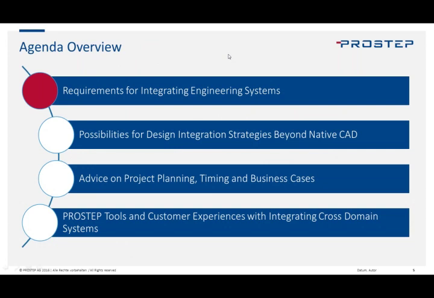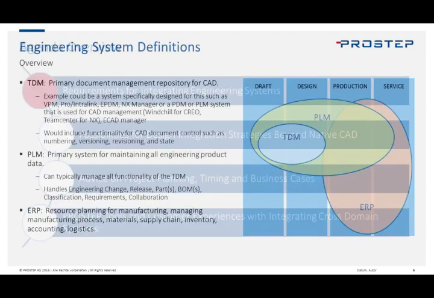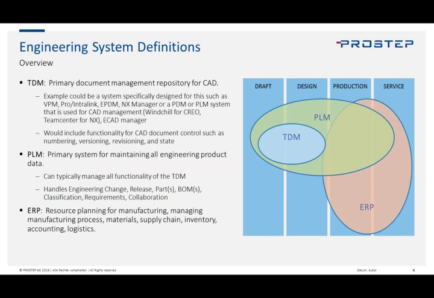So let's start talking about some requirements for integrating engineering systems. A little bit about definitions. In order to explain, I think, better and have a good understanding of what we want to talk about today, we want to talk about what these things are. So first, TDM, a team data manager.